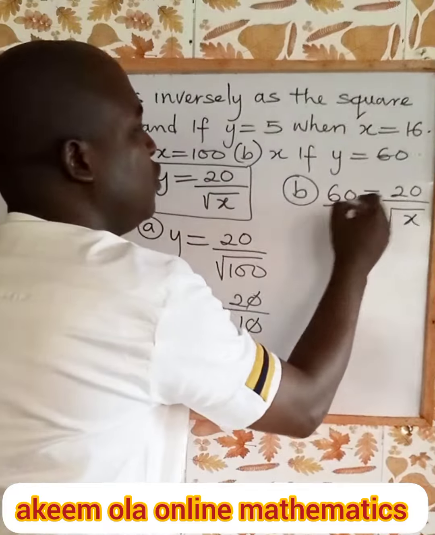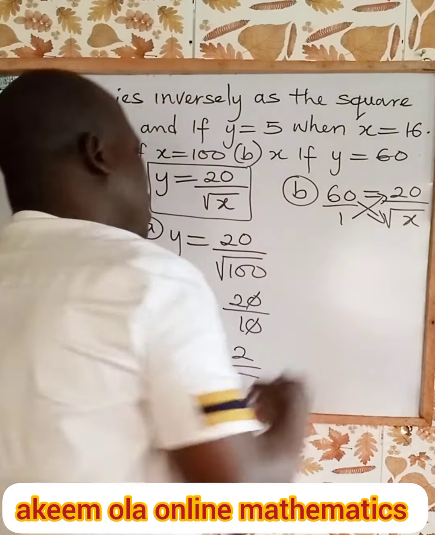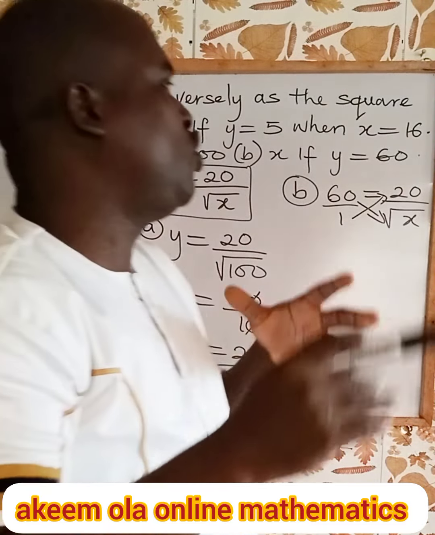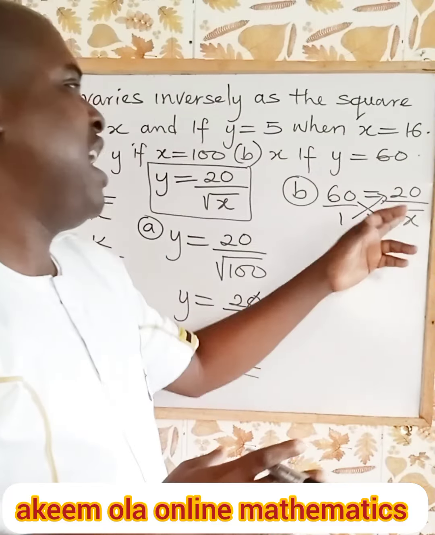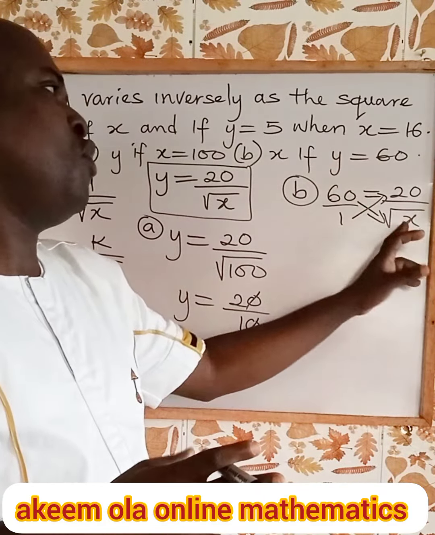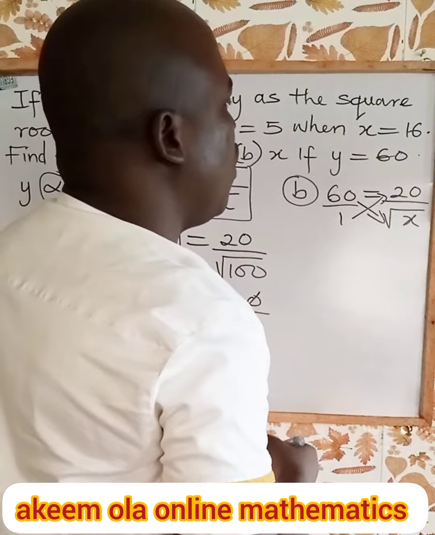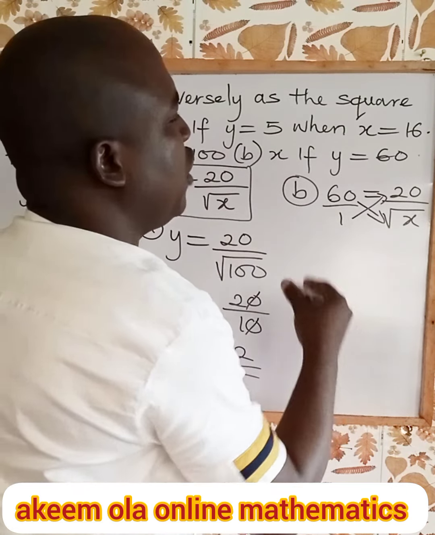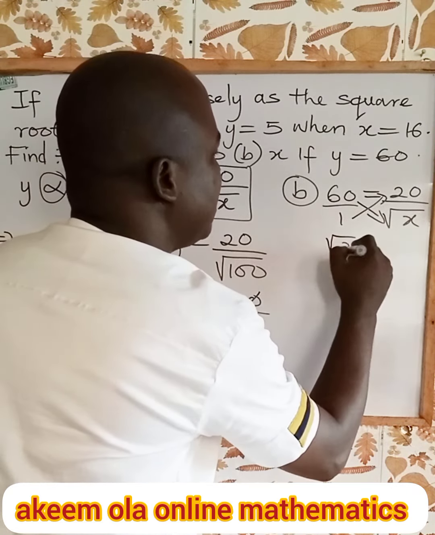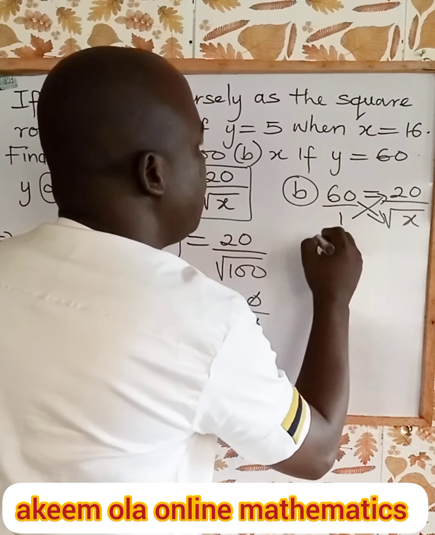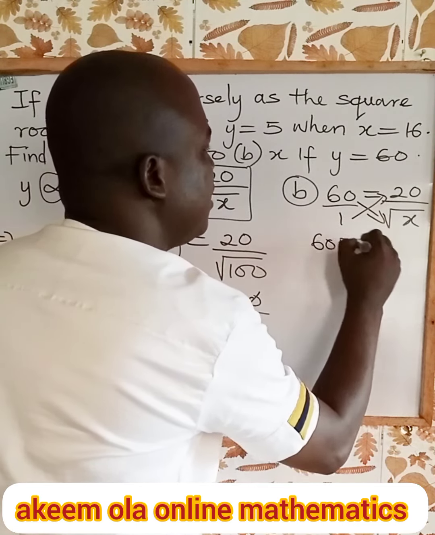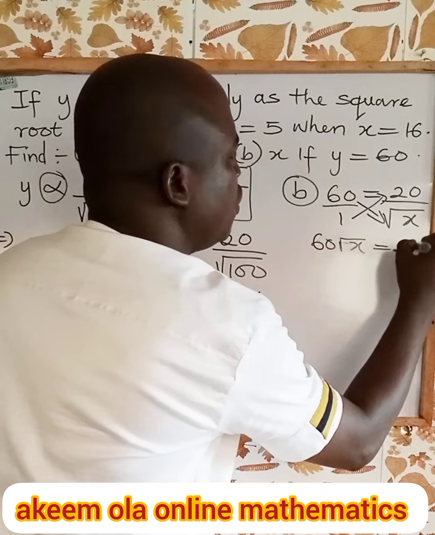What are we going to do? We can cross multiply. The x will go there, while this one will come here. If we cross multiply, we have 60 root x is equal to 20.